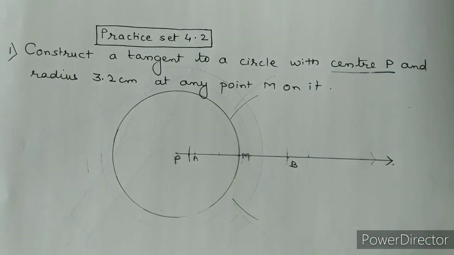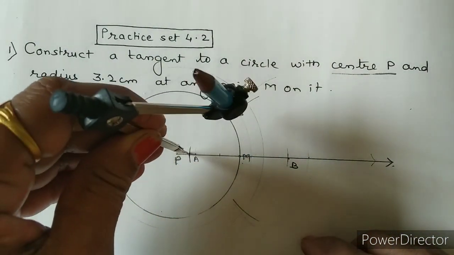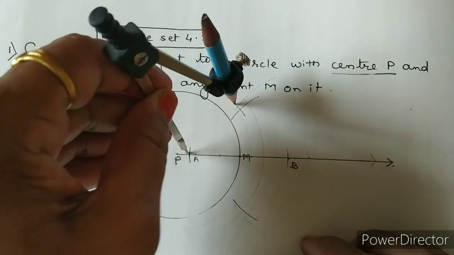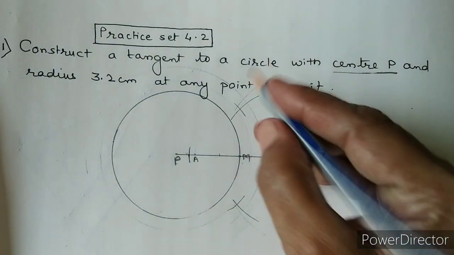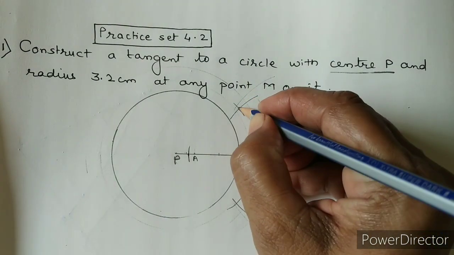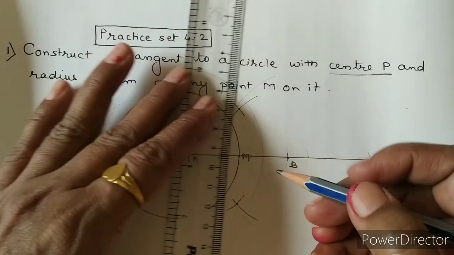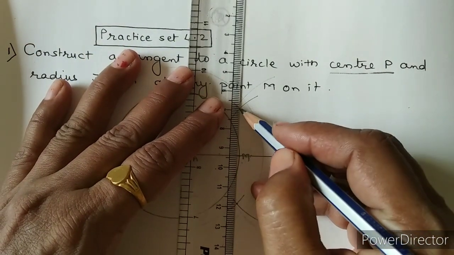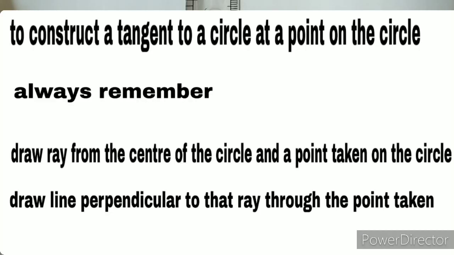Now keeping the same distance, place steel tip here at point A. Then two arcs here and here. These points of intersection are very important for us. Draw a line passing through these points of intersection.